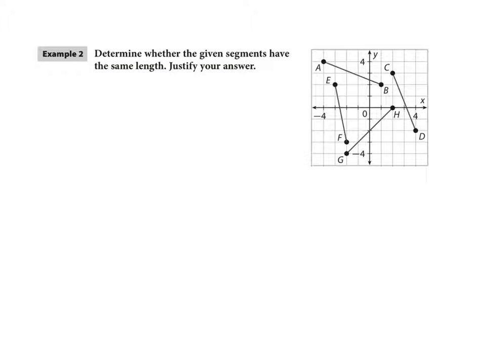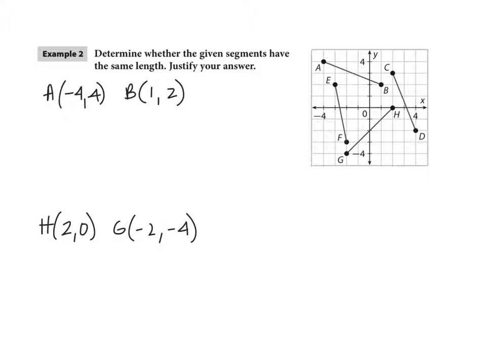All right, so we've got a picture here, and we're going to find the distance of these segments, AB and GH. All right, so AB. Notice that it's drawn on this picture. What you could do is draw a little Pythagorean theorem triangle, like a right triangle, and count. I'm also going to show you how you can do that just looking at the coordinates in case it's too big. So notice that this vertical part right here is too tall.